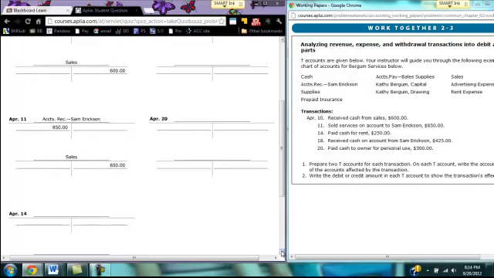Next transaction, paid cash for rent, $250. The two accounts that are affected, cash and rent expense. First of all, I mentioned when we were talking about lesson 2-3 that expenses are always recorded as debits. So use that as your hint that we need to record a rent expense on the debit side of the T account.